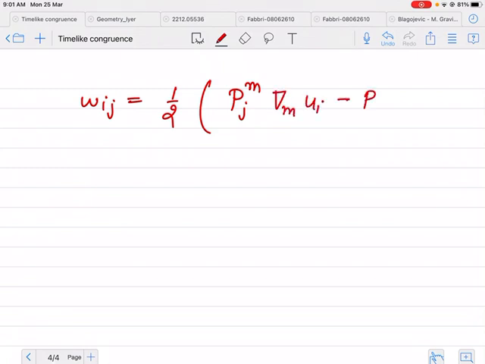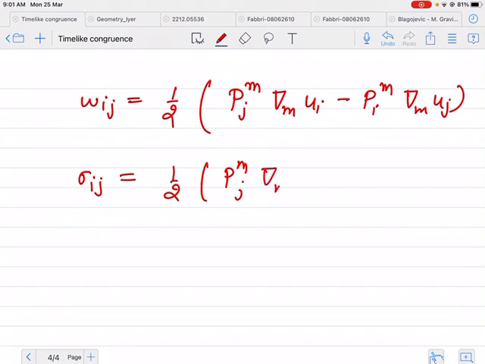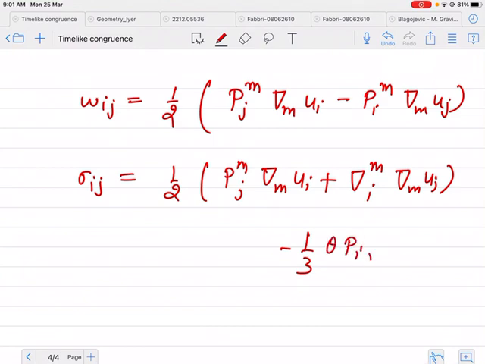And sigma_ij, which is the shear, is 1/2 (p_j^m del_m u_i plus p_i^m del_m u_j) minus 1/3 theta p_ij. So the expansion is involved in the shear, with a negative sign.